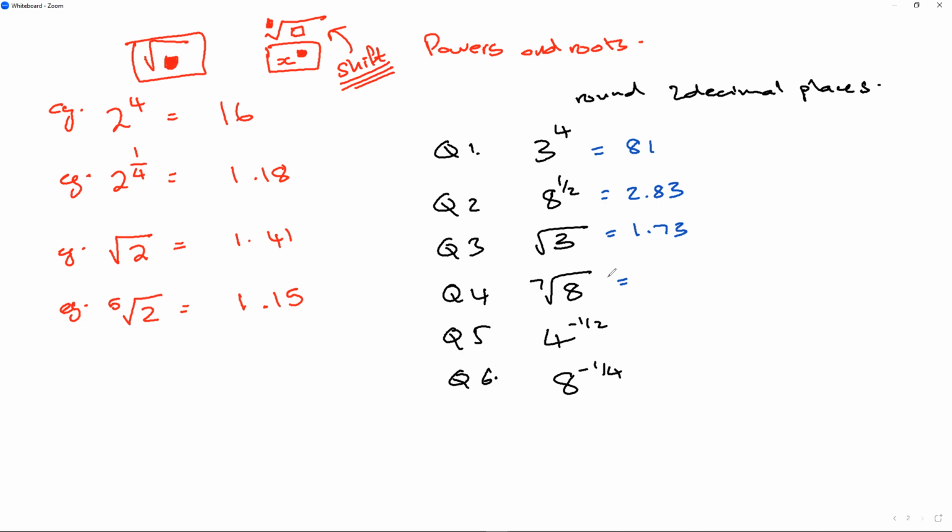So 7 and 8 on the inside of a root, 1.35, and then 4 to the power of negative 0.5 comes to 0.5. 8 to the power of negative a quarter, or negative 0.25, is 0.59.